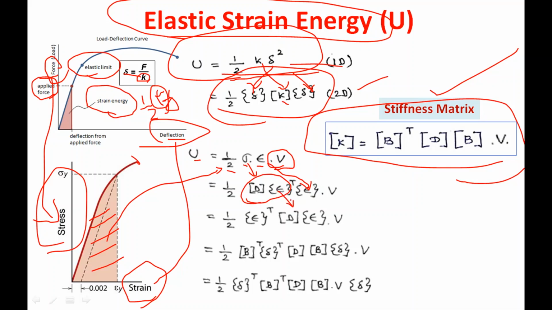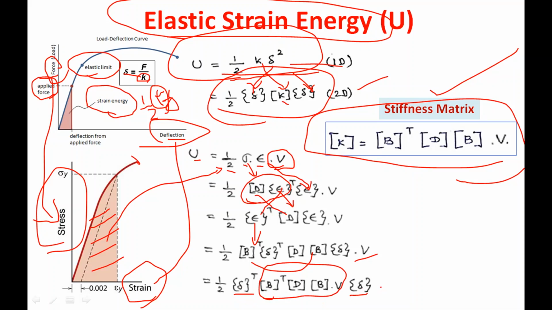It is nothing but B multiplied with the displacement matrix delta. So epsilon transpose is delta transpose B transpose, because then only we can multiply the B and the delta. That is why we write delta transpose B transpose D B into delta multiplied by V. Now we are slightly rearranging, taking the delta terms outside and the other terms inside, for comparison purposes.